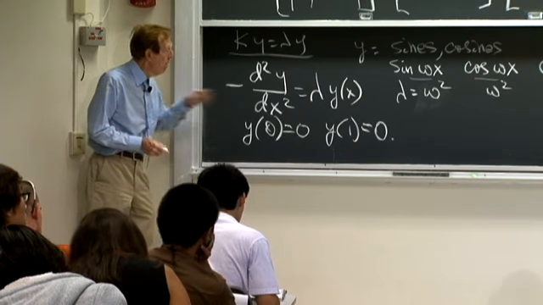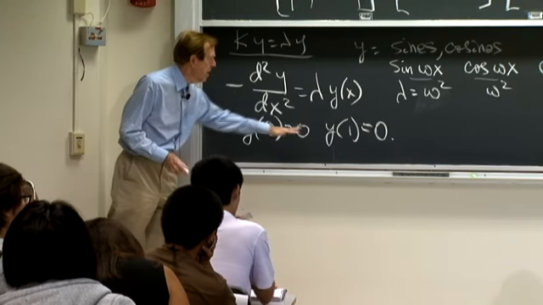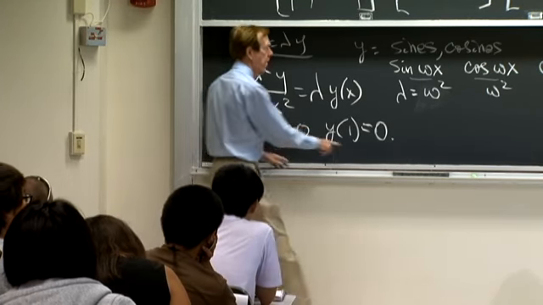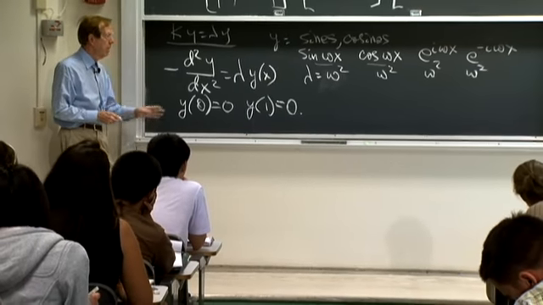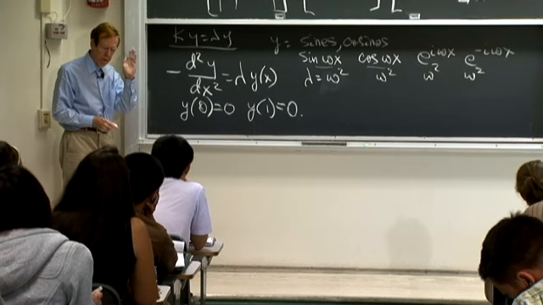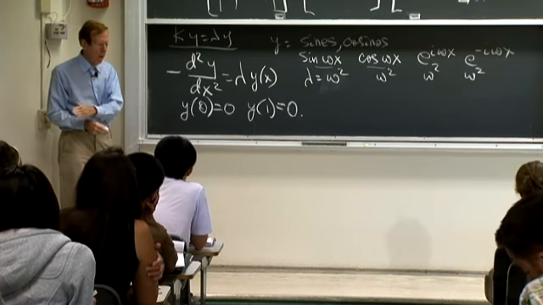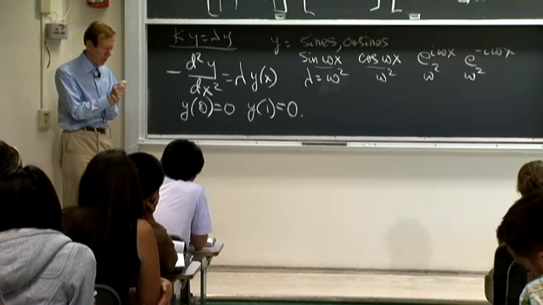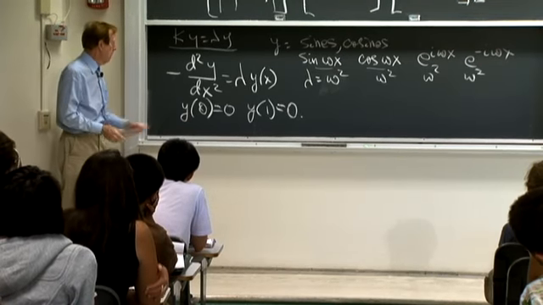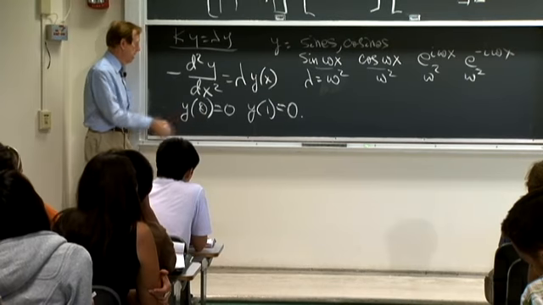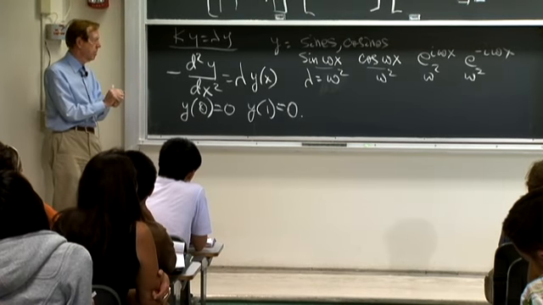Now, these conditions will be perfect. Instead of having all these sines and cosines, we're going to narrow down to a family that satisfies the boundary conditions. First boundary condition is it has to be 0 at x equals 0.